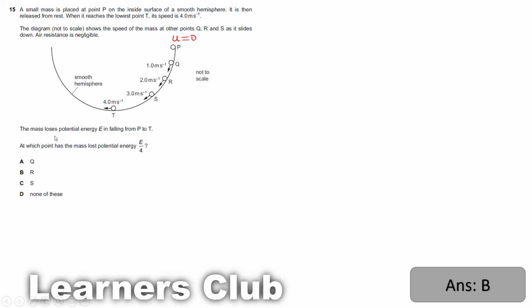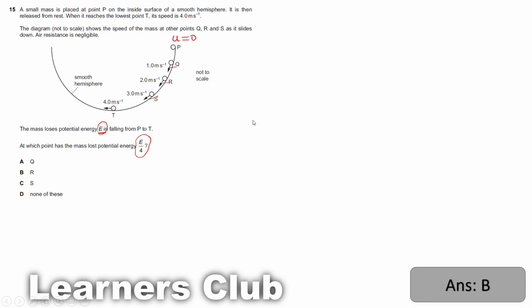The mass loses potential energy E in falling from P to T. So the loss of potential energy from P to T is considered E. At which point has the mass lost potential energy E by 4? So we need to find whether it is the point Q or R or S, at which there is a loss in potential energy of a quarter of this value.